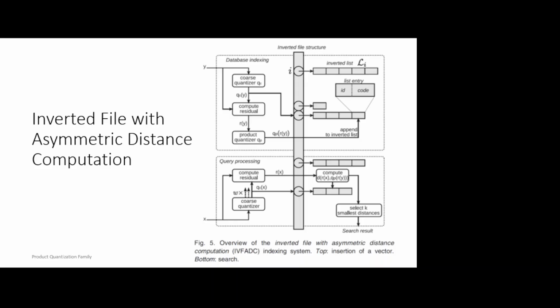After the subtraction, you will get a smaller vector. We call it a residual. We will use the residual to do the PQ. So here we apply PQ and generate the PQ code.